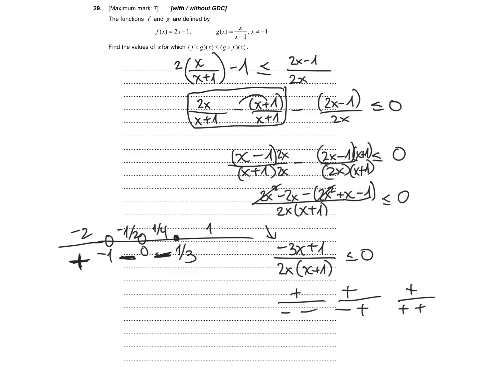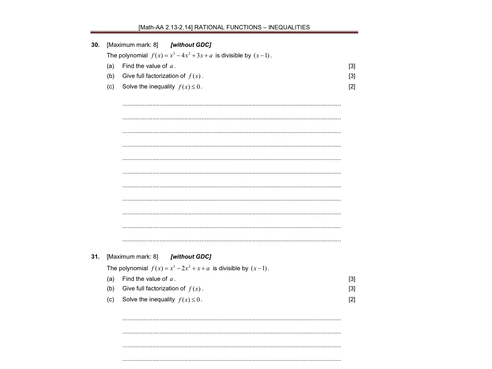So positive here. And 1 is going to be a negative over a positive positive. So this is a negative. So we will have it's less than 0 in between -1 and 0, or when it's greater than or equal to 1/3.